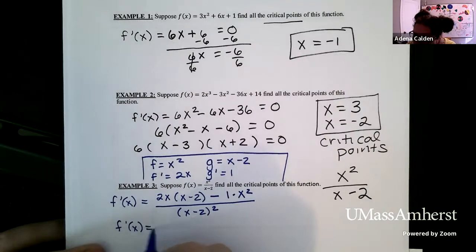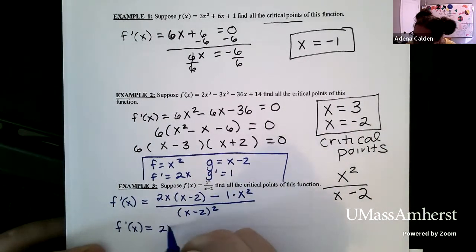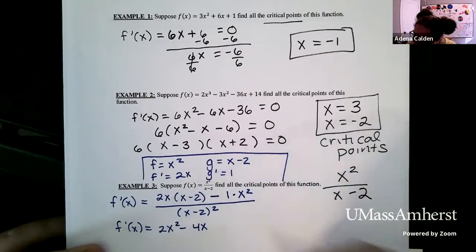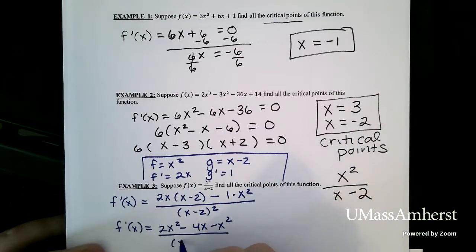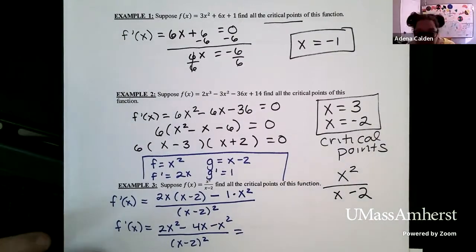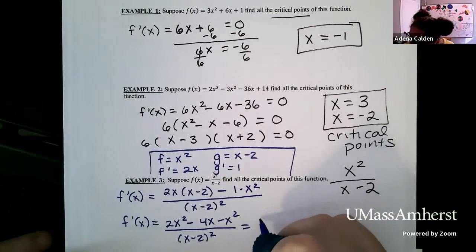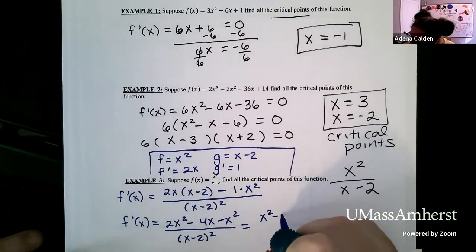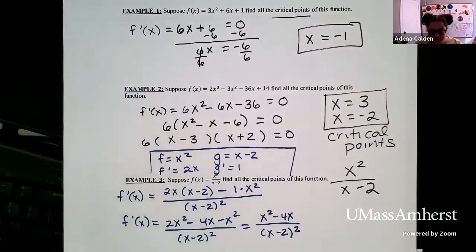In the numerator, if you distribute this 2x, you get 2x squared minus 4x minus x squared. I'm going to leave the bottom as is. Now notice that on the top, I have a 2x squared and a minus x squared, so I can simplify that.